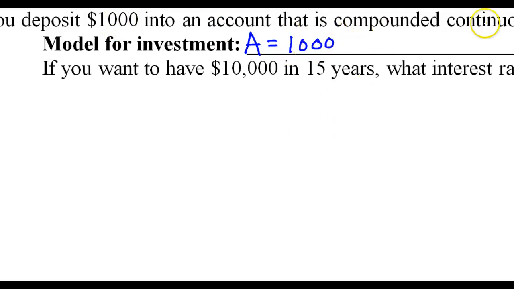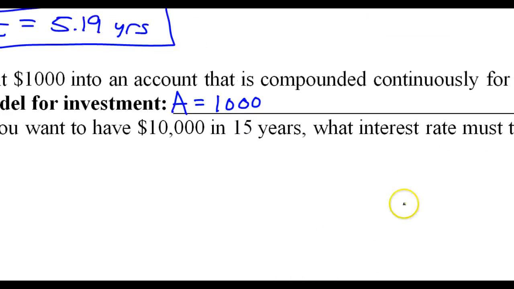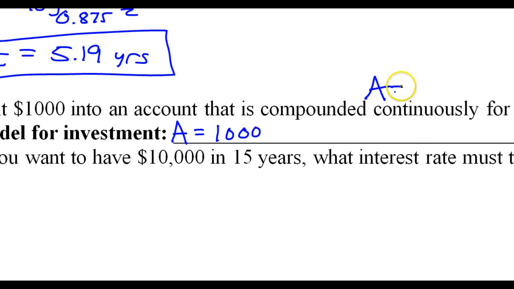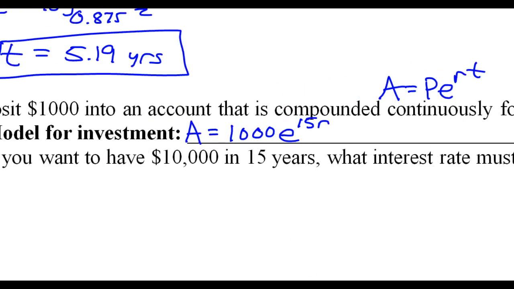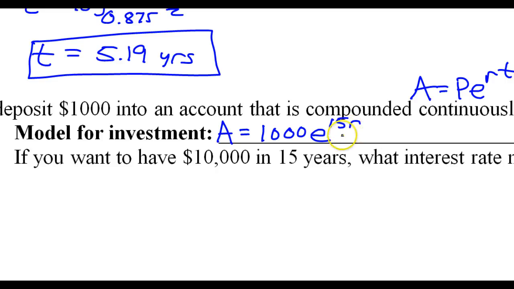As soon as we saw continuously, we knew we were using the PERT formula, the one for continuously compounding. There's our principal, which is our 1,000. Now we'll need e. The rate we don't know yet, but this time we're told the time is 15 years, so our rt will become 15r. We'll just have to leave r in our model.